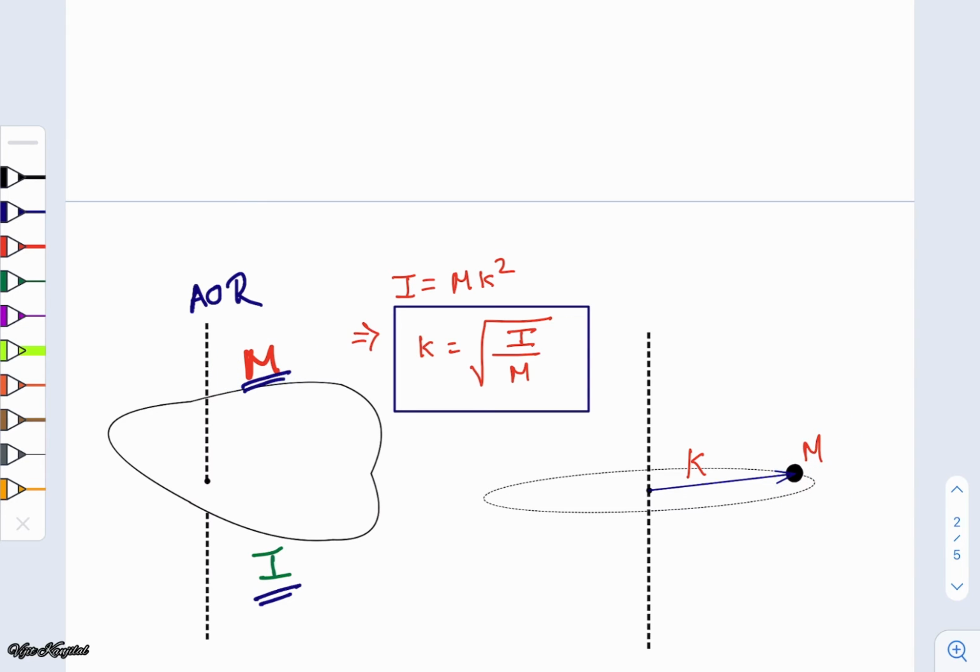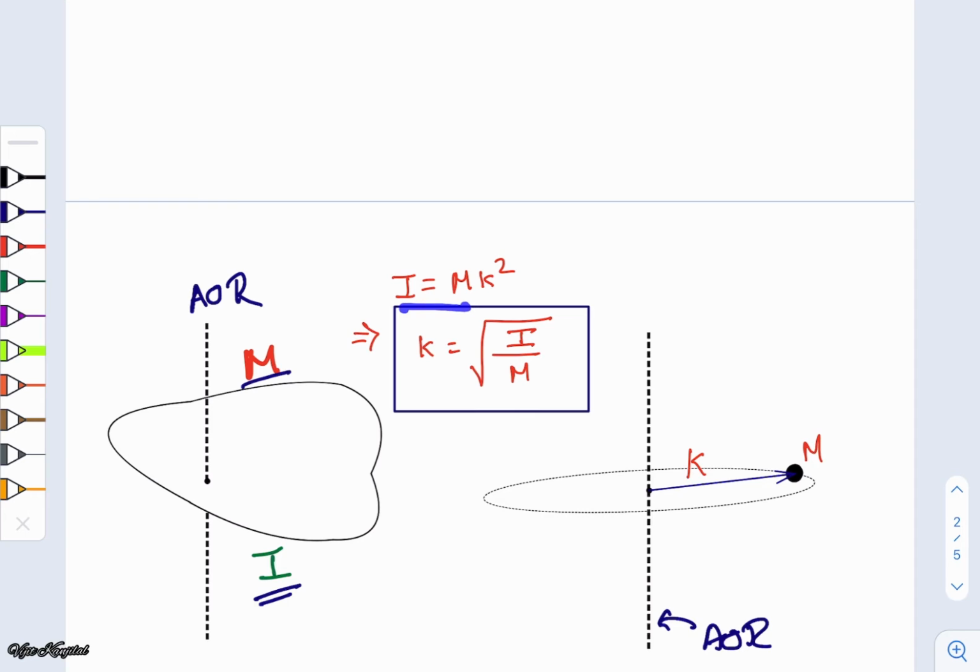Now we place this point mass at a distance k from its axis of rotation, such that the moment of inertia of this point mass with respect to this axis is the same as the moment of inertia of the rigid body with respect to its axis of rotation. So I is equal to mk square.